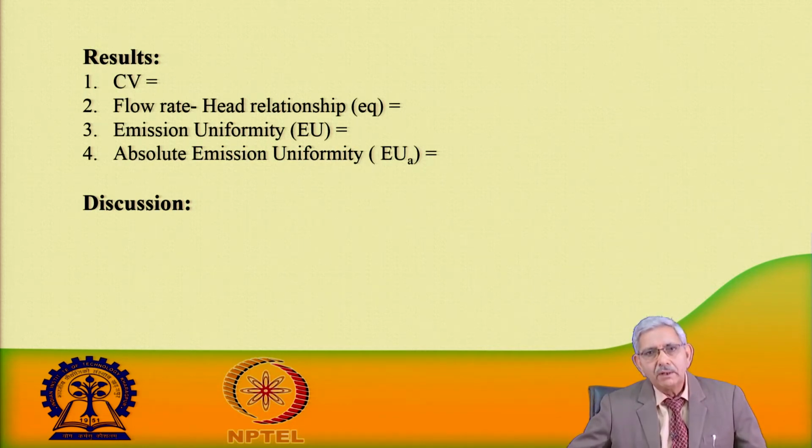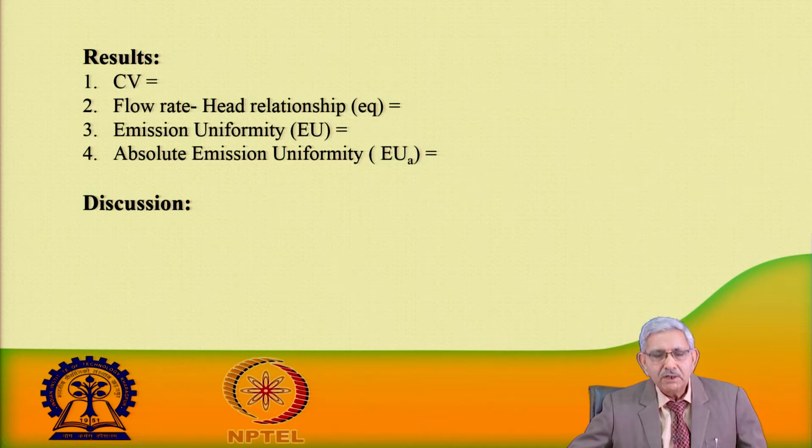This particular thing shows you how the data are collected from the hydraulic test bench, and then these data will be analyzed for these parameters using the theoretical formulae which I have explained to you.